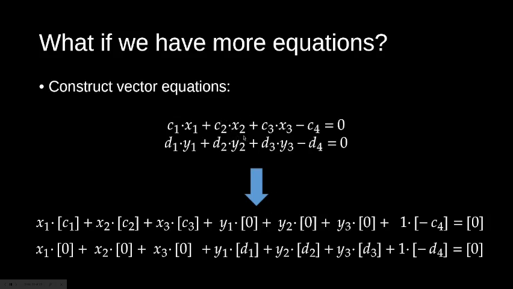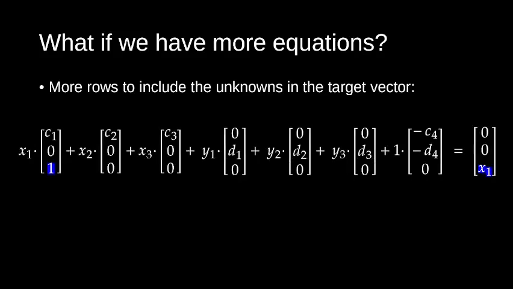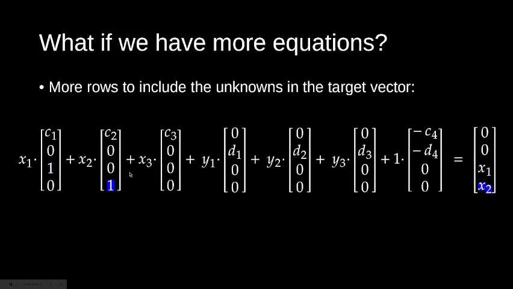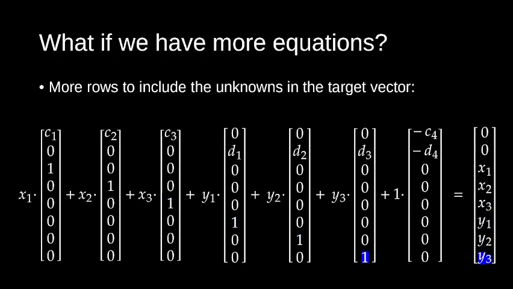The y's aren't actually in the first equation, so you can just fill those in with zeros here. And the same on this one. All the x's just have a 0 next to them. Then we need to include all the unknowns in the target vector again. So x1, x2, x3, y1, y2, and y3.